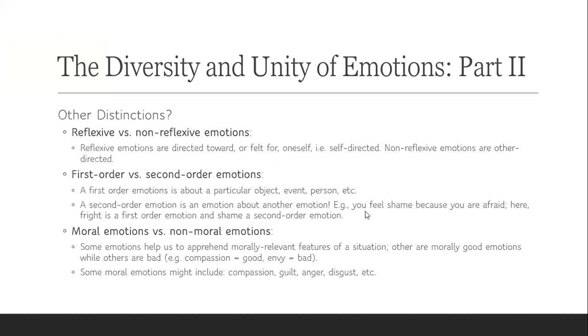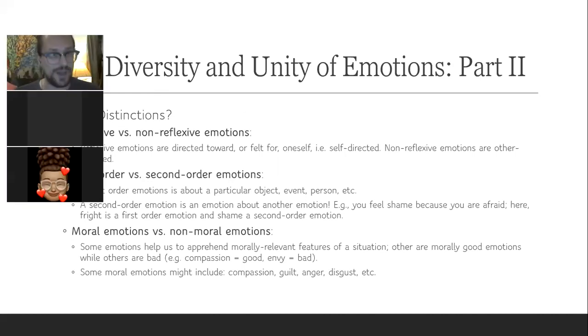So if I was in a situation where I felt shame because I was afraid, my shame would be a second order emotion, but my fear is the first order emotion, right? And again, let's try and come up with some other examples to clarify this. First order emotions have a definite particular object, but the particular object of second order emotions are other emotions.